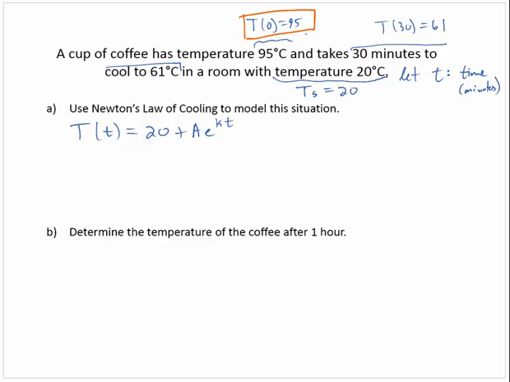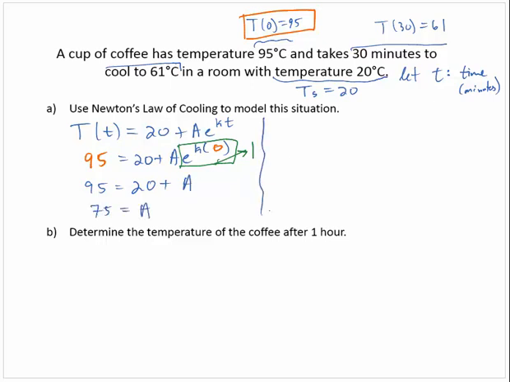I'm going to use that to solve for the constant A. Alright, so if T of 0 is 95, that means that 95 would equal 20 plus A e to the k times 0. Well, notice that e to the k times 0 is e to the 0, and that becomes 1. And so then 95 is equal to 20 plus A, which implies that A is 75.